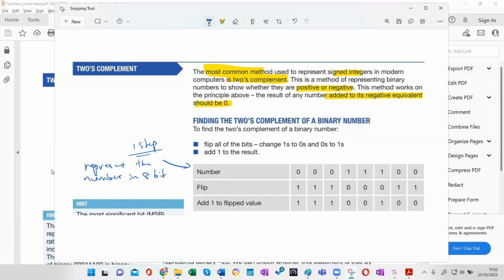You can write this in your book, okay, in this section. Represent the number in 8-bit binary. That's what we have done here.